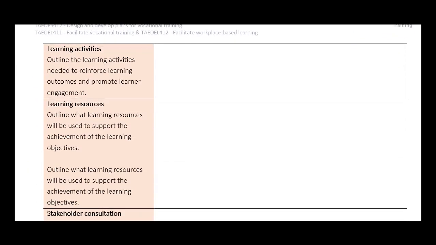Your learning activities, in this case, I would get them to do a quiz maybe on learning styles to identify what their communication style might happen to be, because learning styles and communication styles can be closely linked. From there, I'd look at what learning resources I might provide. A PowerPoint.